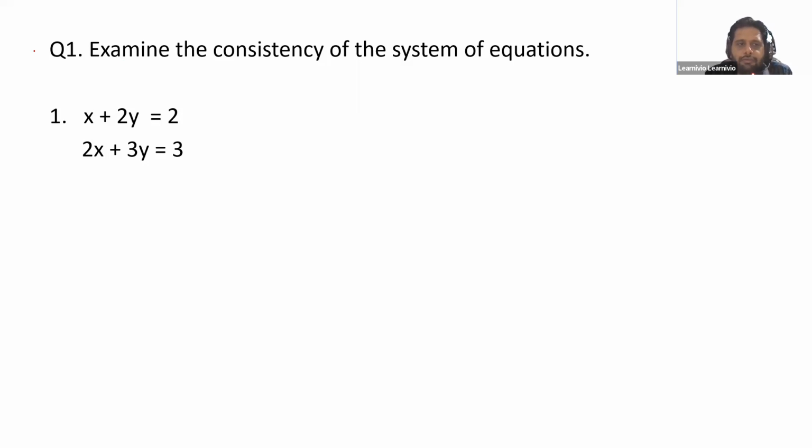Please let me know if anyone has a doubt in this. Noma, very good.